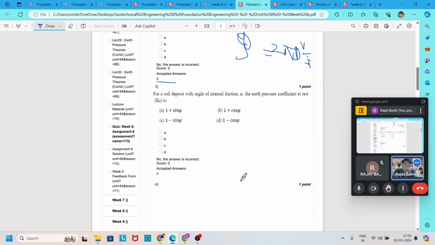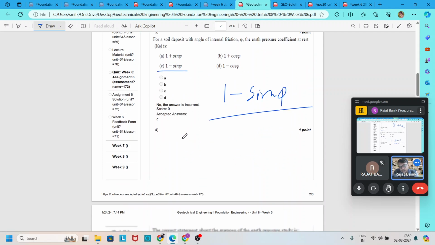We know that it is equal to 1 minus sine phi. So our correct option is option C.